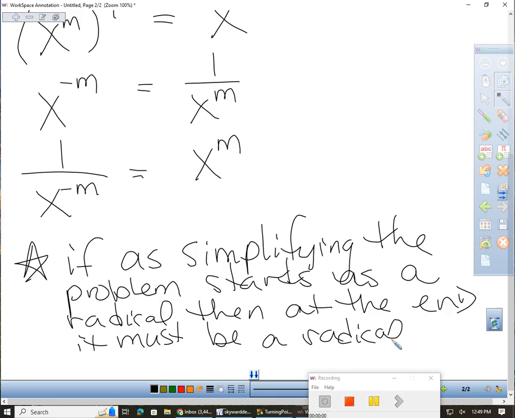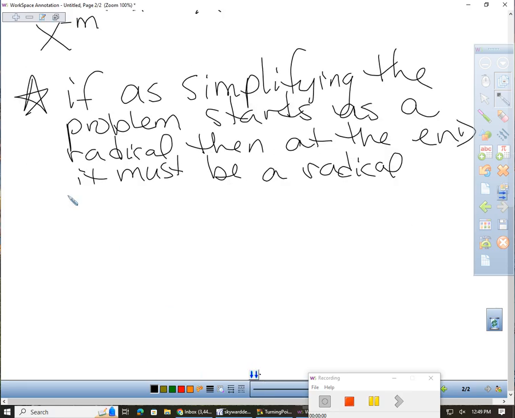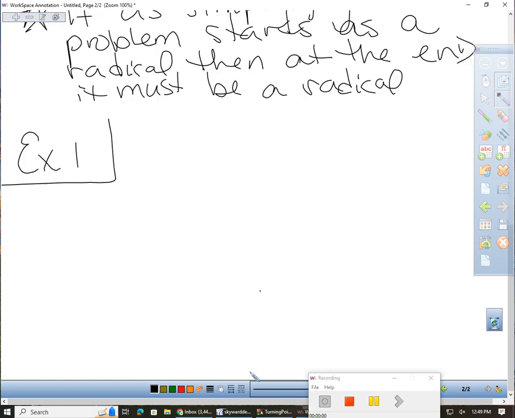All right, so we're going to start in the first section. We're going to continue where we left off yesterday. So we're going to start with example number 1, and this is in your first section, which is going to be 44 and 46.